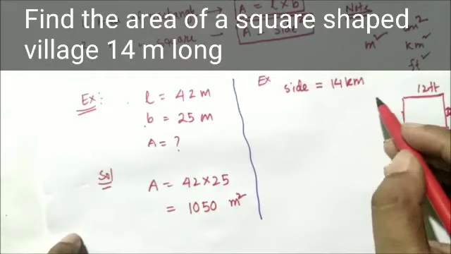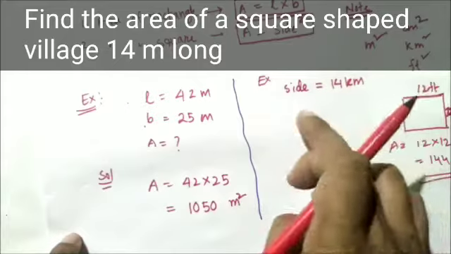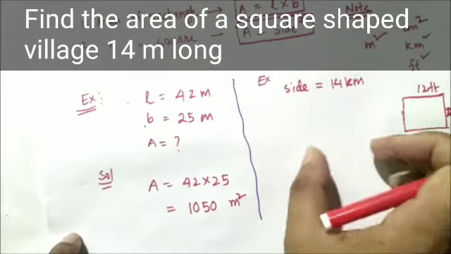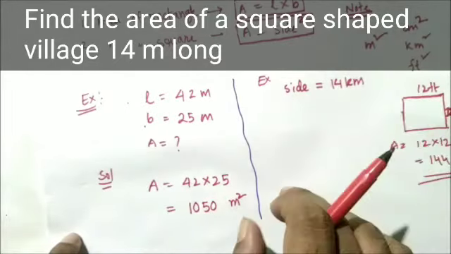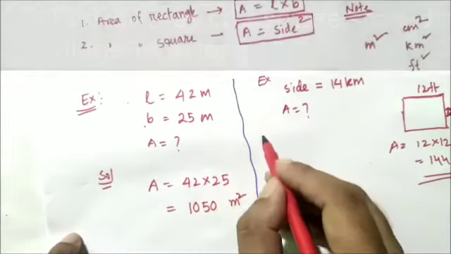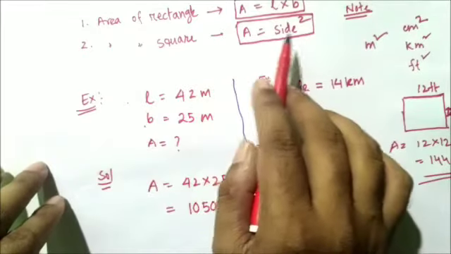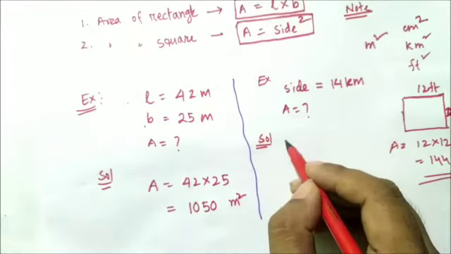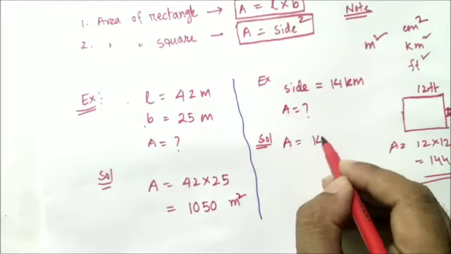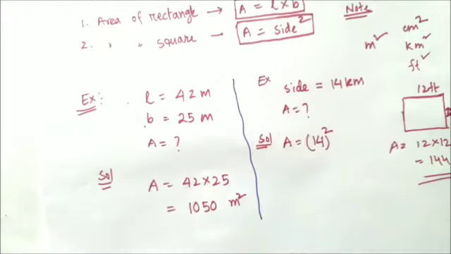Suppose the shape of the village is square, and all sides are equal, each equal to 14 km. What will be the area of that village? Very simple. We know that the area of a square is side square. That means area will be 14 square.